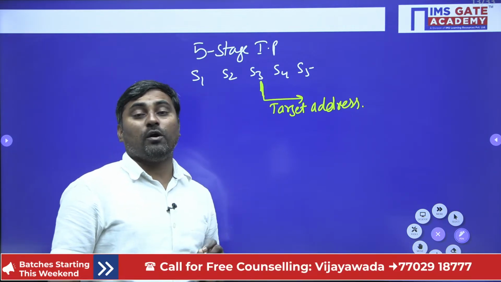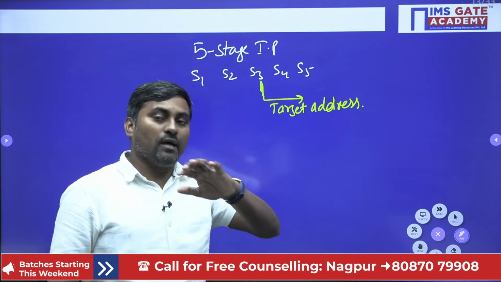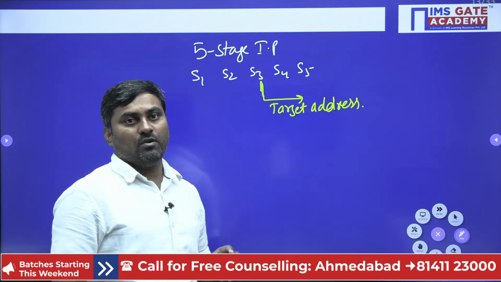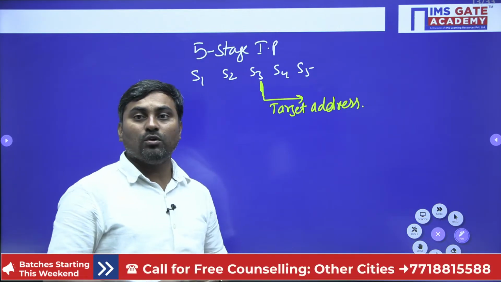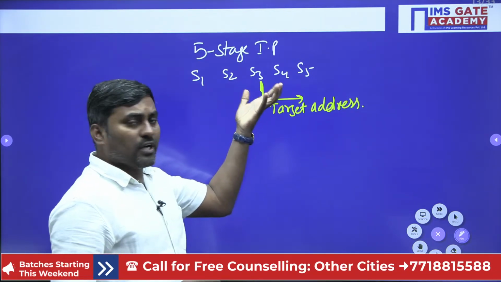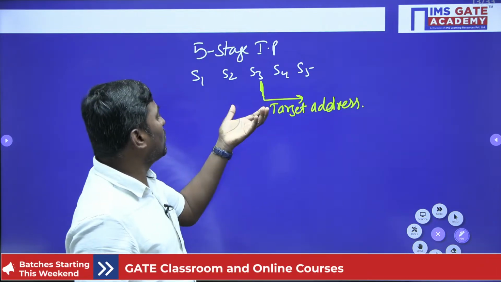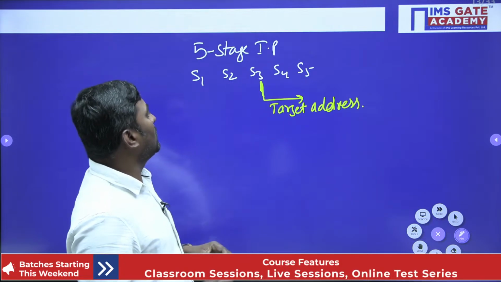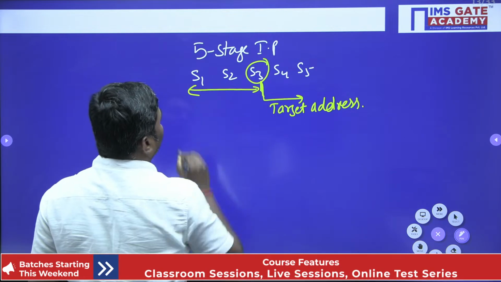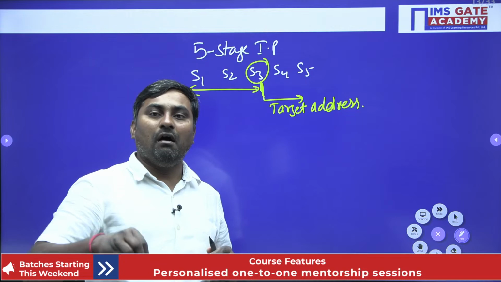Also, the target instruction is not fetched until the branch outcome is known. So suppose the condition is true, then we get a target address and can fetch. Now, if the third stage is the address generator, how many stalls are going to be wasted? Can you tell me?